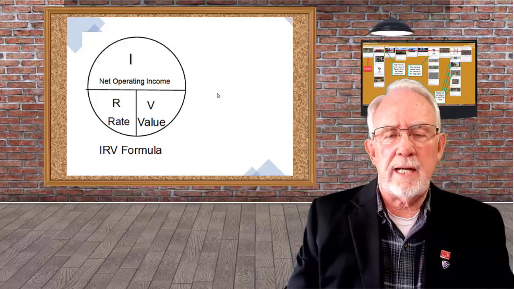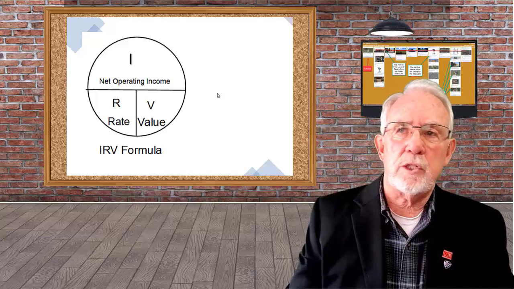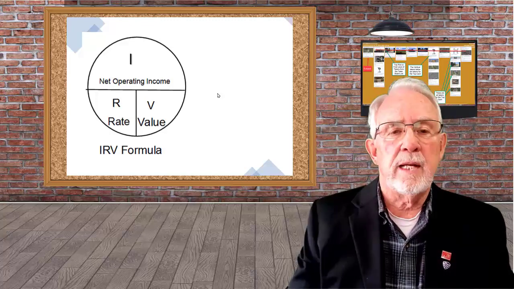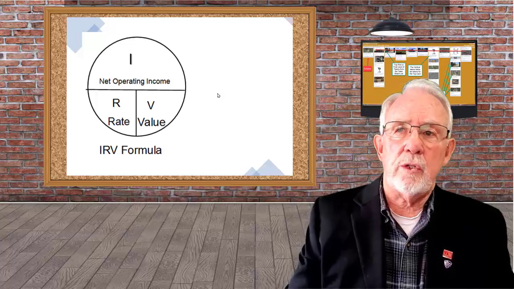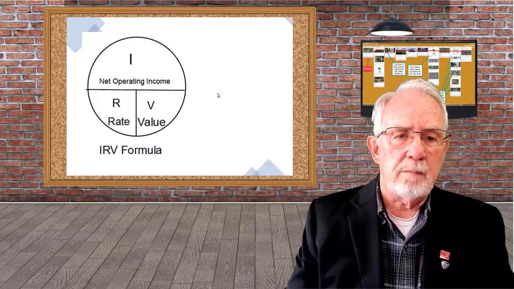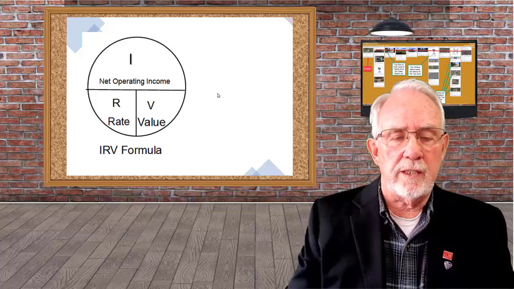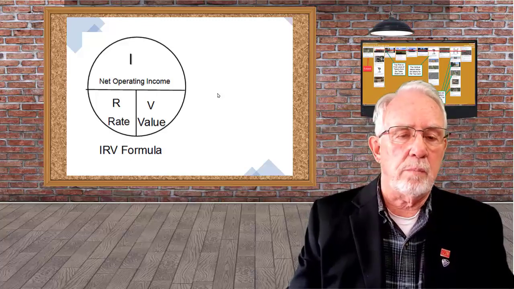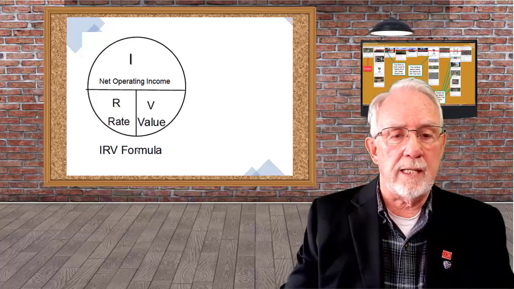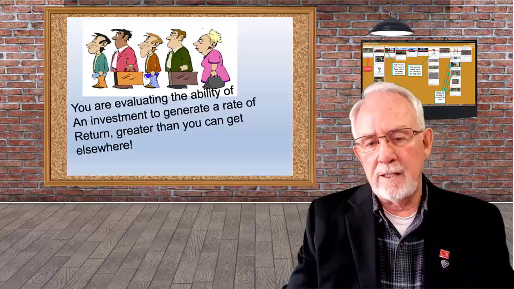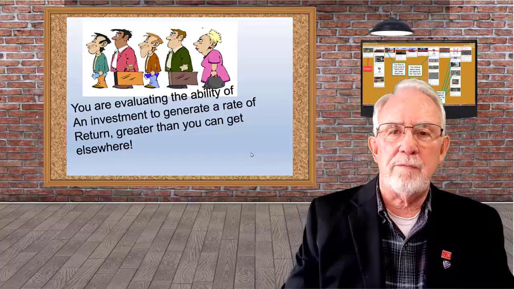And a lot of times when brokers present from the podium, they will have projected income, a projected net operating income, and that just makes your rate and your value very suspect, because projected income is just not that good and it's not accurate, and the broker then is selling potential or selling upside, which we should not be doing.